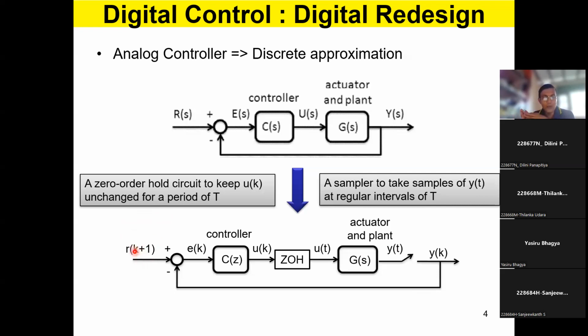k is a number, 0, 1, 2, 3, 4, 5, like that. So R_0 means the reference signal at time 0. Then R_1 is the reference signal at time 1. What is time 1? Time 1 means after one sampling interval, from 0 to 1, then 2, then 3, 4, 5.